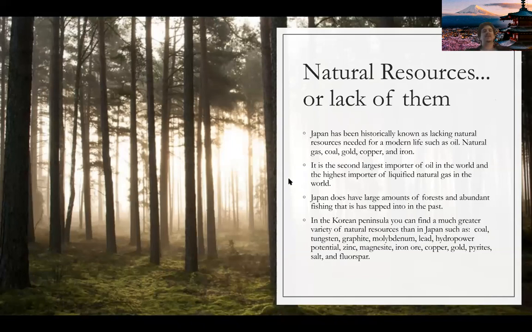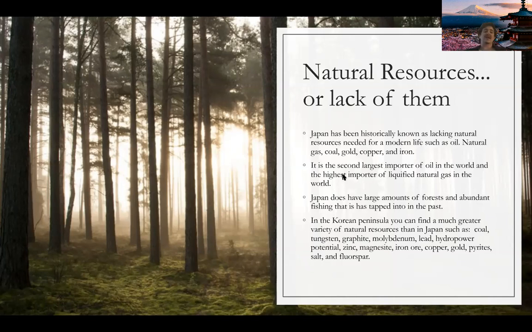They realized they needed the materials to keep their war industry going, and they knew they didn't have it on their home islands. So they began expanding out, looking for deposits of these natural resources, in particular oil.